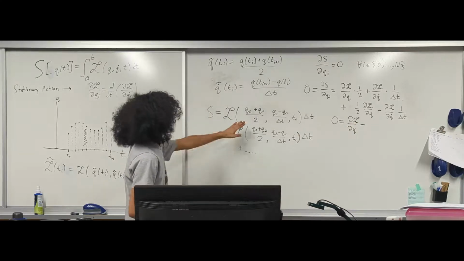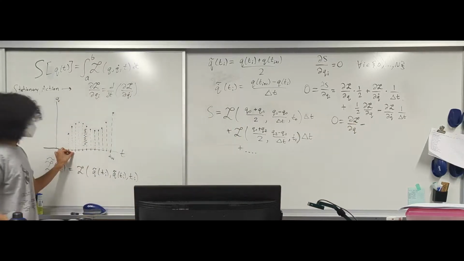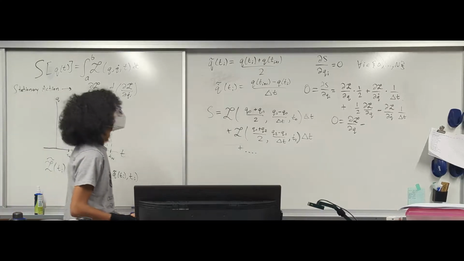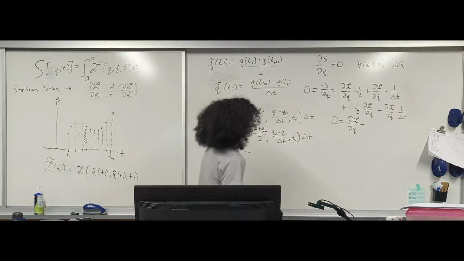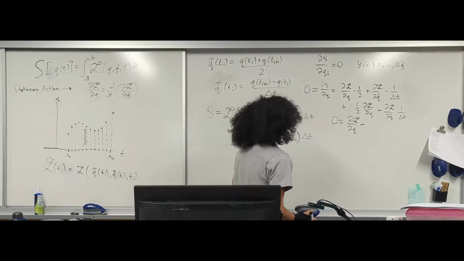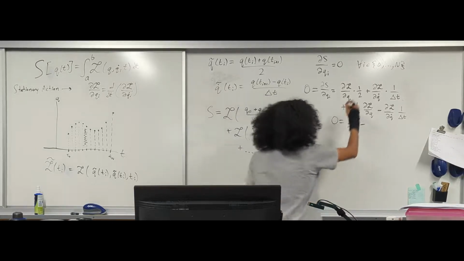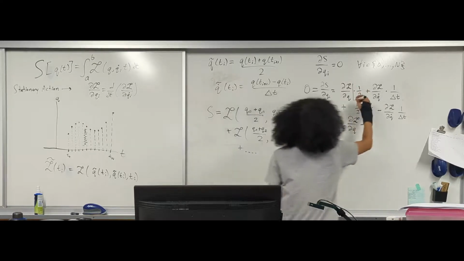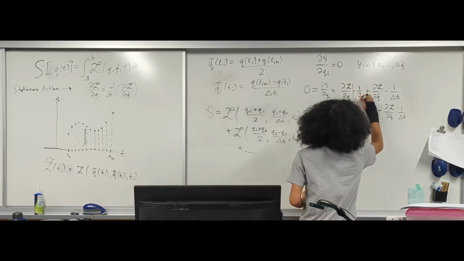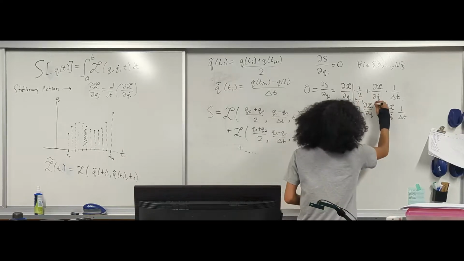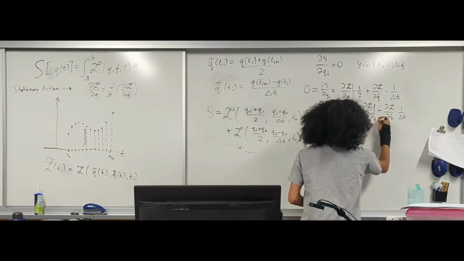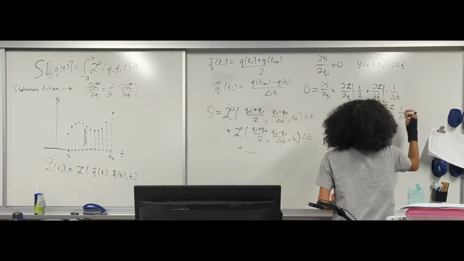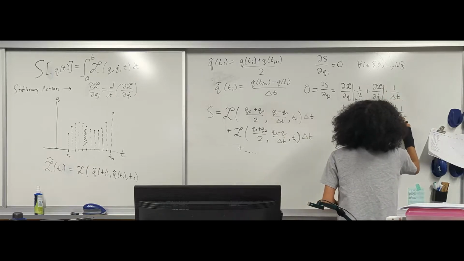But in the limit, these intervals get so close to each other that there's no real distinction. So you can think of this one as at t i minus 1, and this one is at t i.